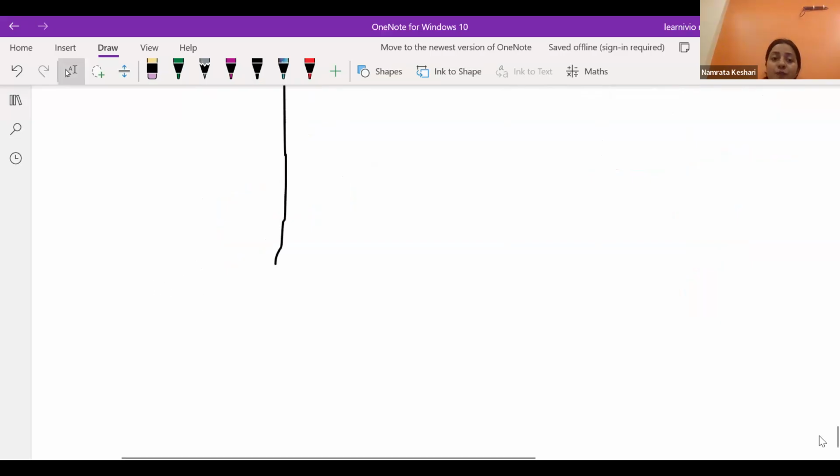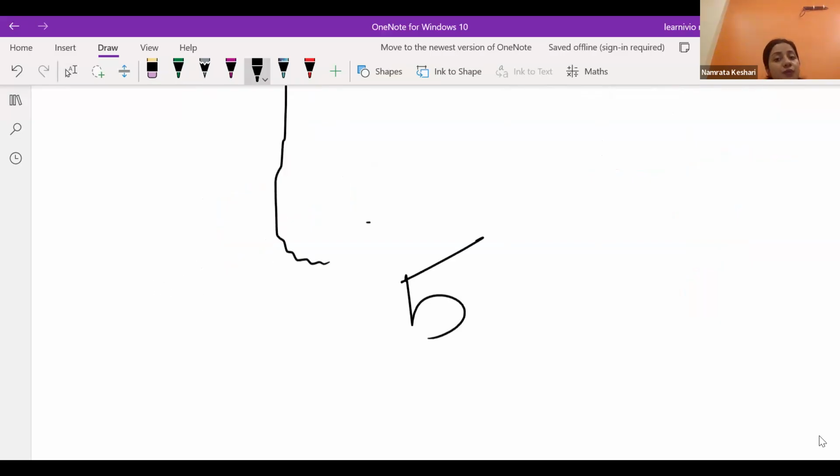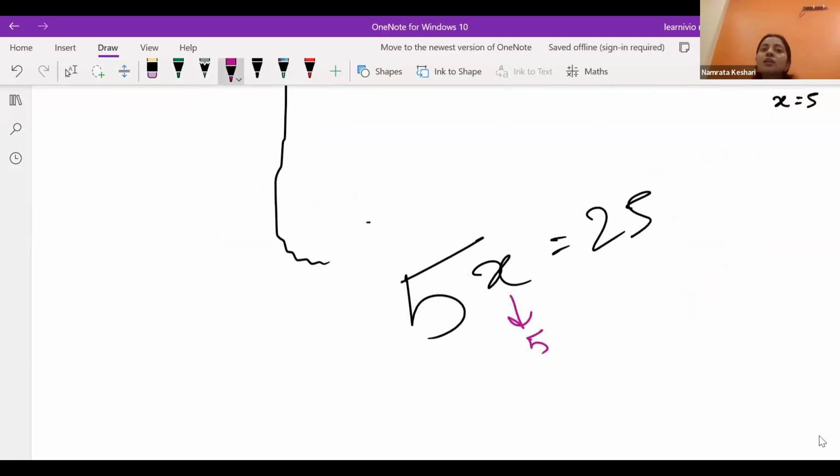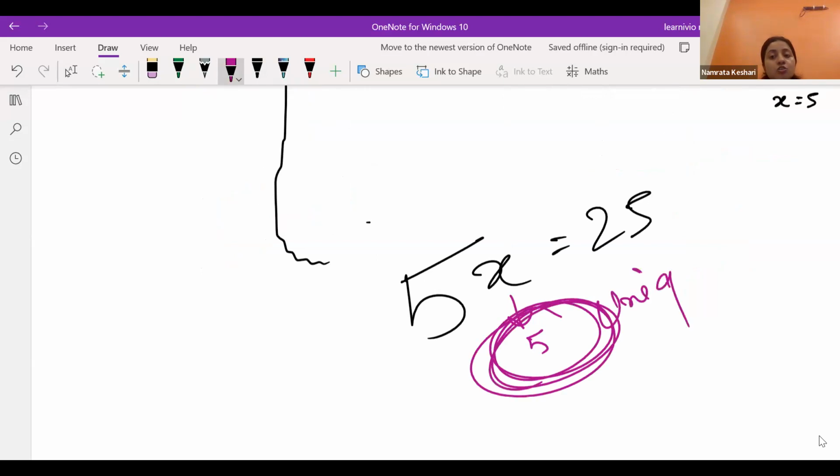Here we have obtained the x value as 5. That means x value can only be 5. There is no other number we can take. You cannot take any other number multiplied with 5 which will give you the RHS. This is one and only one solution. This is a unique solution. Yes or no?